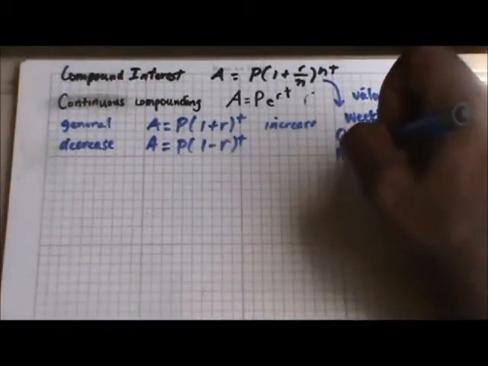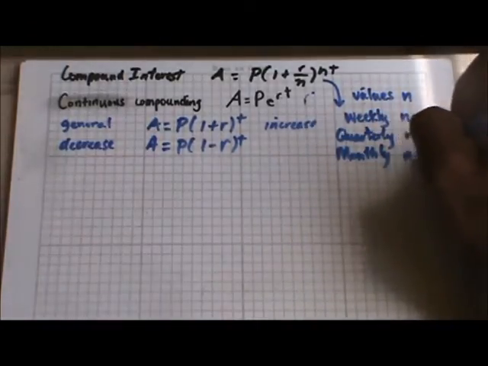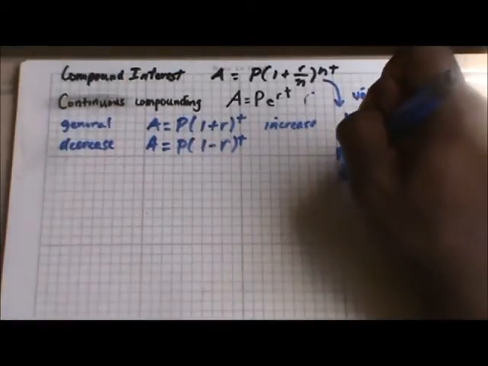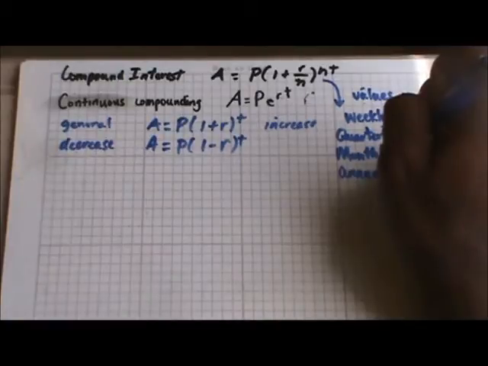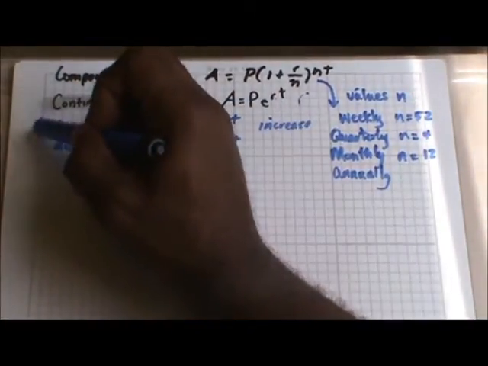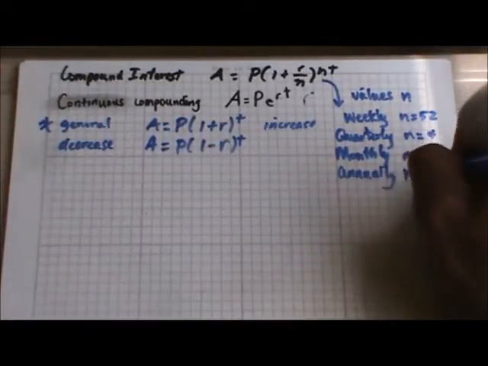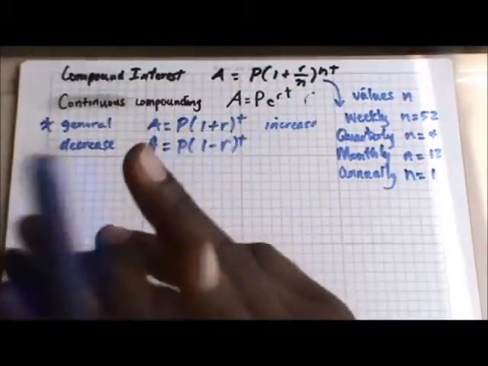If it's monthly, how many months are there in a year? n is equal to 12. If it just says annually, that's where we use this general form, because n becomes 1. So let's see if we can do some of these problems.